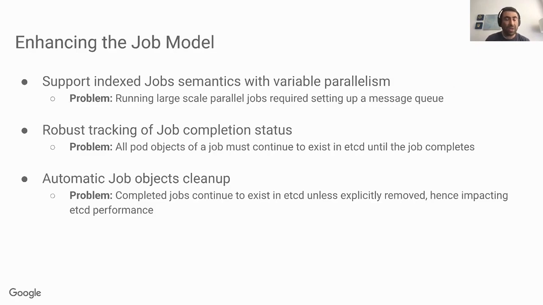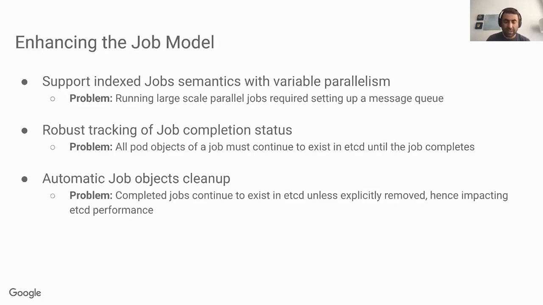With indexed job, now you can statically partition the workload. Think about Monte Carlo simulations, embarrassingly parallel applications. You don't really need to create a message queue for pods to know which portion of the job they need to solve. The second enhancement that we introduced is a robust tracking of job completion status.